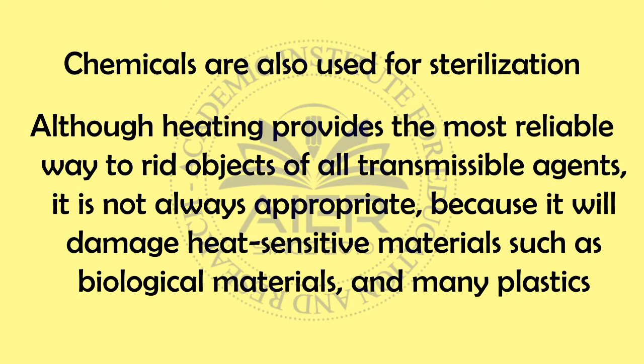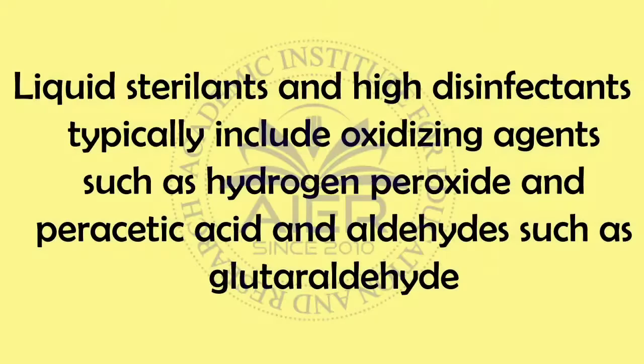Although heating provides the most reliable way to kill all transmissible agents, it is not always appropriate because the heat may damage heat sensitive materials such as biological materials and many plastic components, right? So liquid sterilants and high-level disinfectants typically include oxidizing agents such as hydrogen peroxide and peracetic acid, and aldehydes such as glutaraldehyde. Okay, even the alcohol itself.